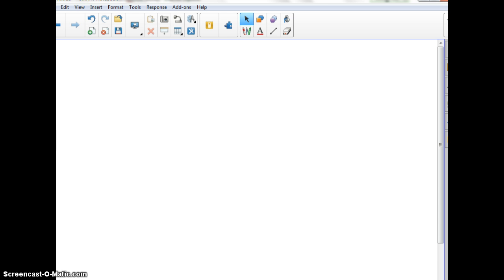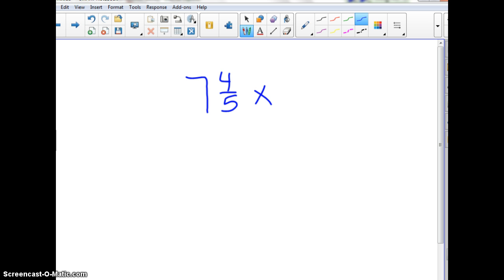Let's try another one. Seven and 4/5 times 2 and 1/3. Before we can start, we have to change both of those. Now, for most of you, you're probably going to need 2 screens.